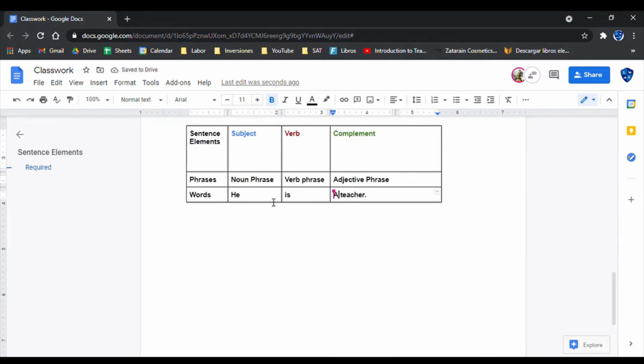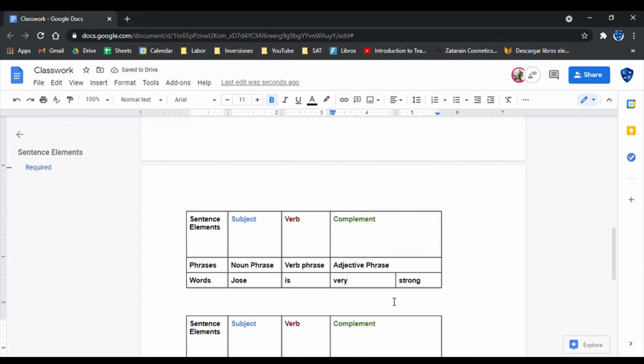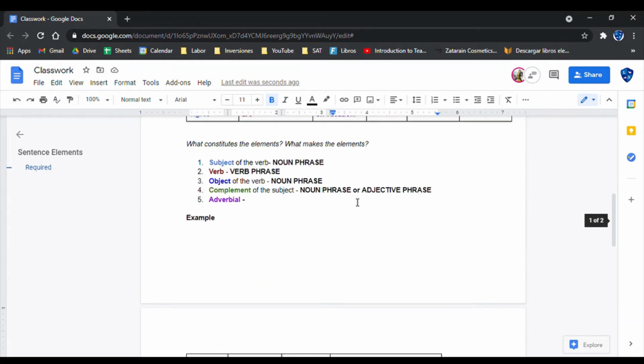Is it a complement, or is it an adverbial, or is it part of the complements? Strong is an adjective phrase, so it's part of the complements. Yes, it is a complement that uses an adjective phrase. But complements can also use a noun phrase.